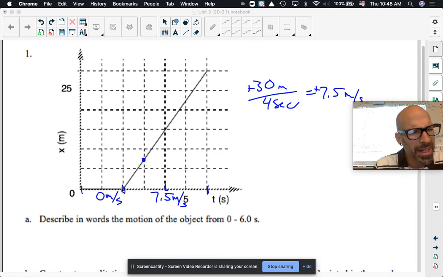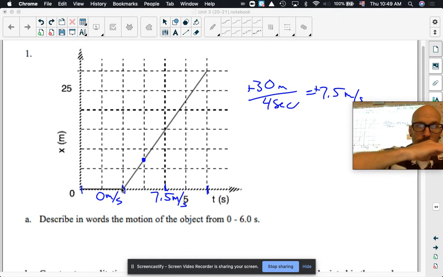We don't really talk about instantaneous velocity and haven't really. But if it is a consistent slope, then that is the velocity at each of those times. So at 0 seconds, at half a second, at 3/4 of a second, at 1 second, at 1.5 seconds, all of those times, the slope is 0.